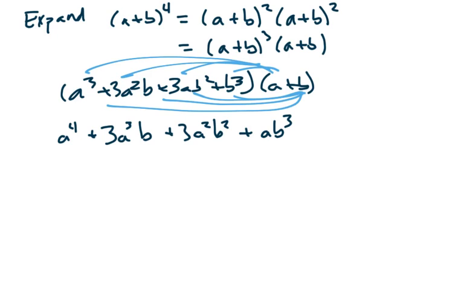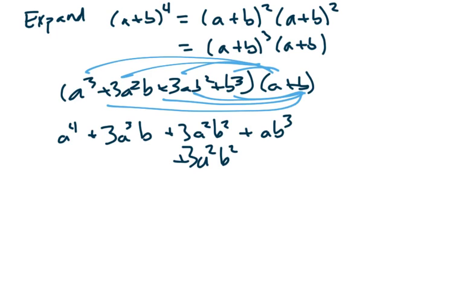We've also got b times each of those guys, like we said. So this is going to be 3a squared b, 3a squared b times b. That's going to be a squared, 3, and now 2 b's.